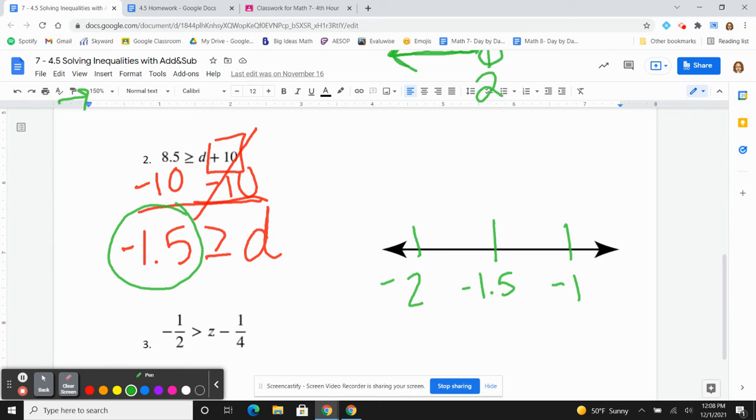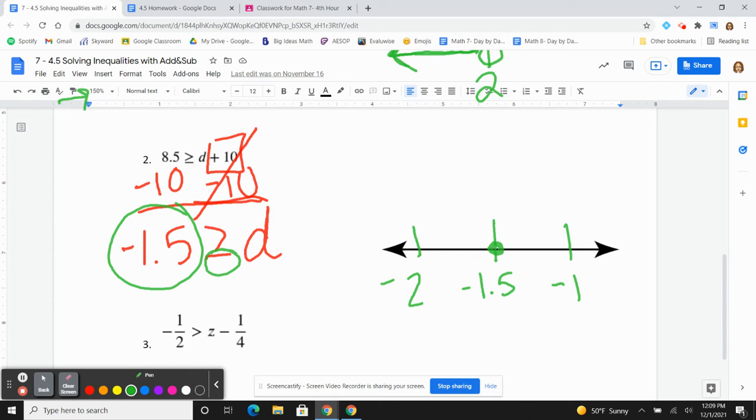So when I read that solution to the inequality, it says negative 1.5 is greater than or equal to D. So does negative 1.5 work as a solution? Yes, because it has this line down here, that means it does work. So we need to fill in our circle. Anytime your inequality has the or equal to line, your circle will be filled in on the graph.